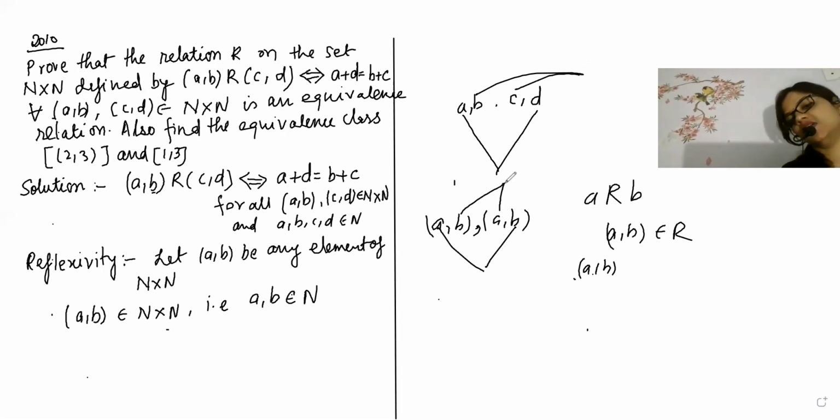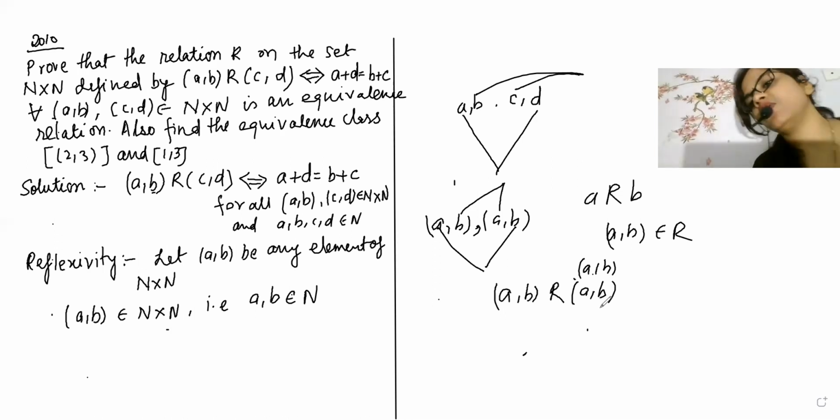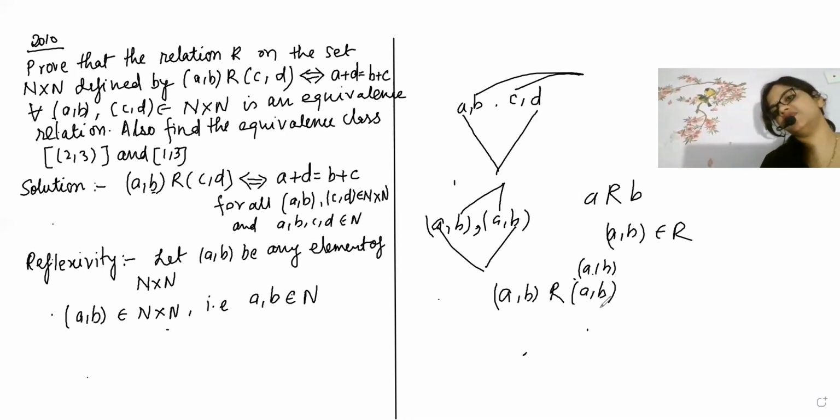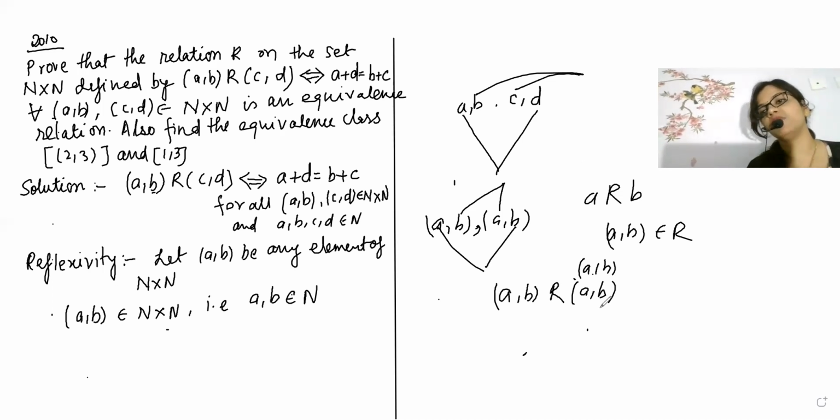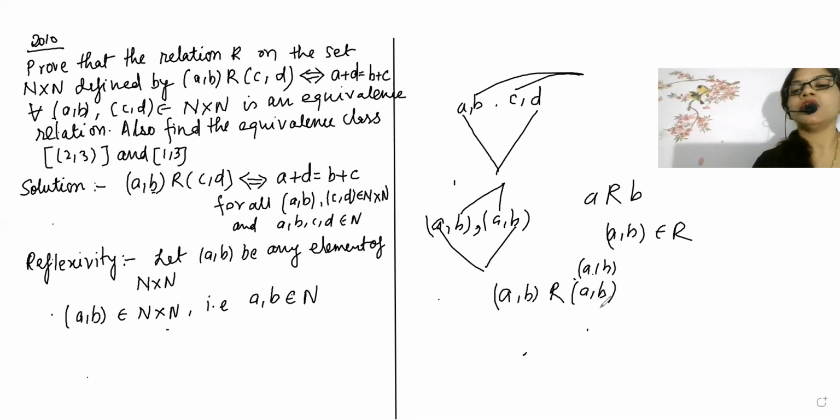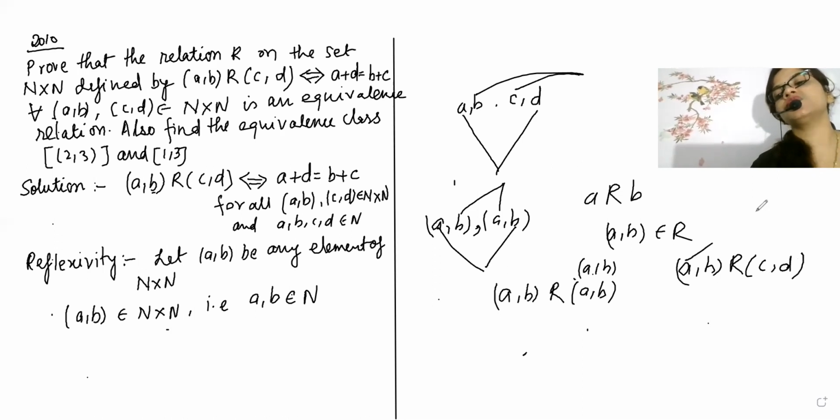You see what I have done. You have to prove (a, b) is related to (a, b). This is exactly the case of reflexivity. But in the question itself, it is written that when (a, b) is related to (c, d), then the first one and last one is a plus d, and the second one and third one is b plus c.